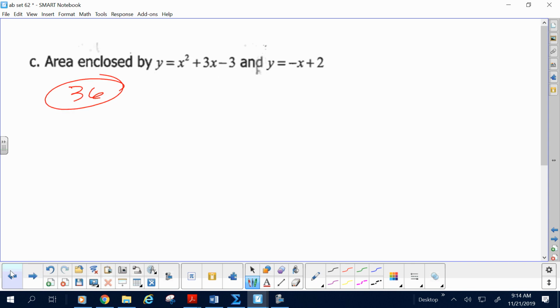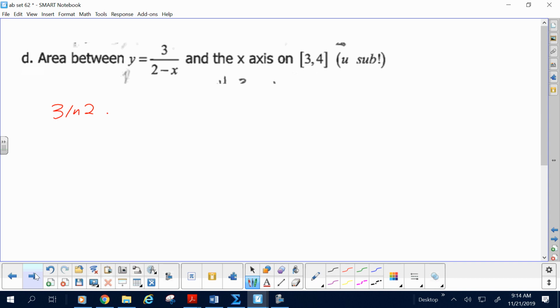Most definitely not negative. Which one? D. Negative 3 natural log of 2 is not what I got. I got 3 log of 2.